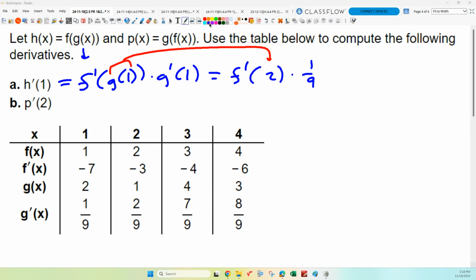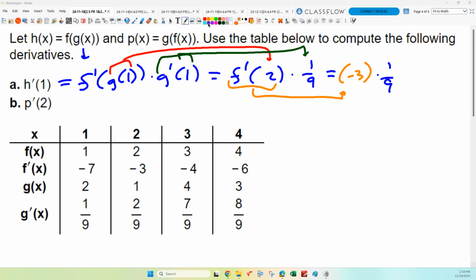And f prime of 2 then, f prime of 2 is what, everybody? -3. So all this stuff just gets replaced with a -3 times a 1/9, which is what? -1/3? Okay, good? Make sense?